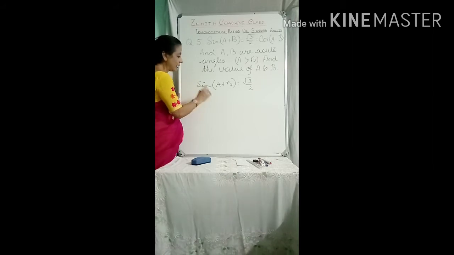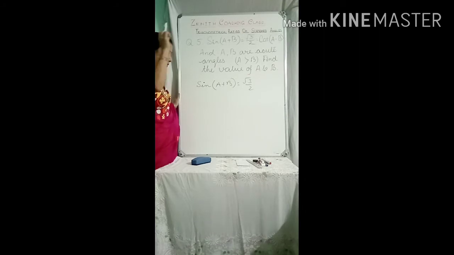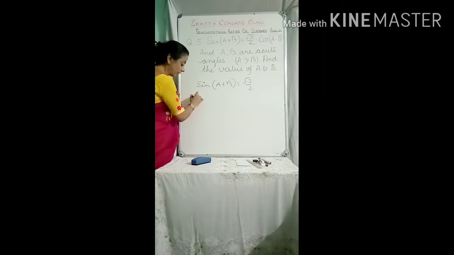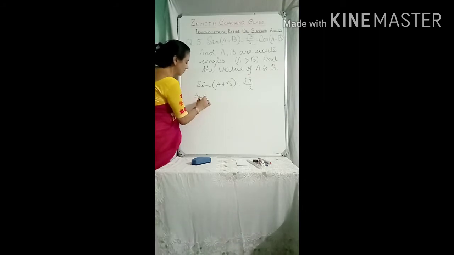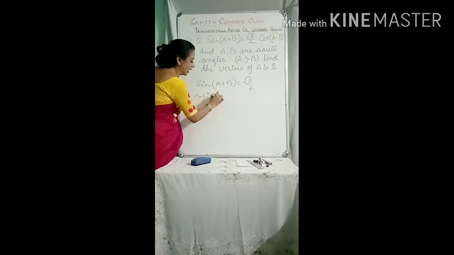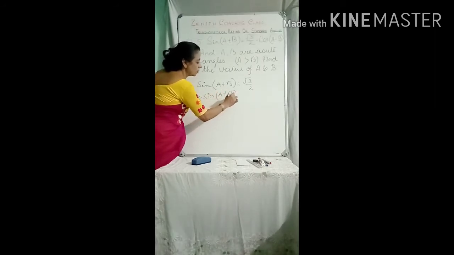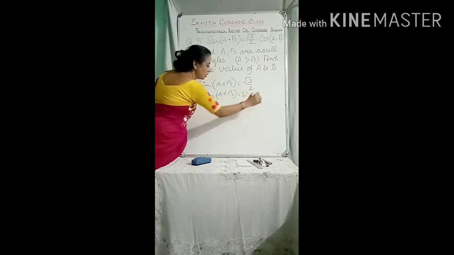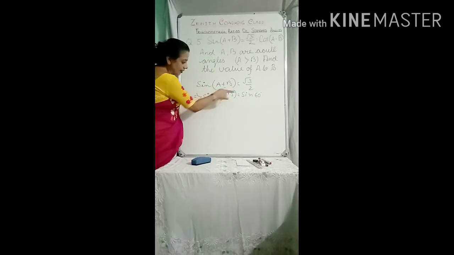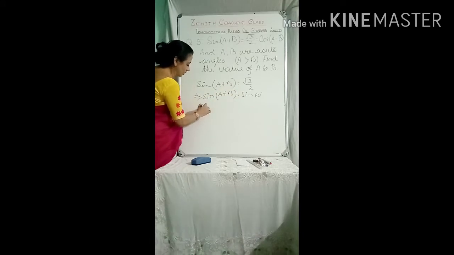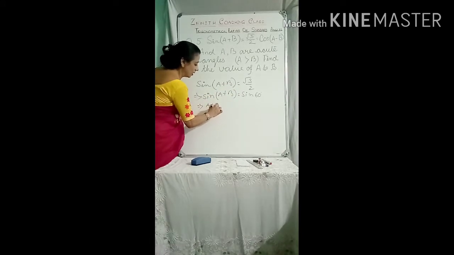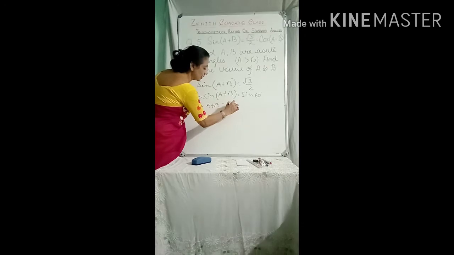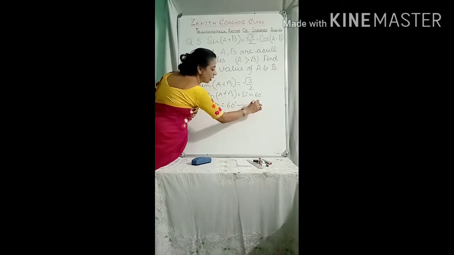So we can write sin(A plus B) equals sin 60 degree. So we can cancel sin and sin here. This implies that A plus B equals 60 degree. That is equation number 1.